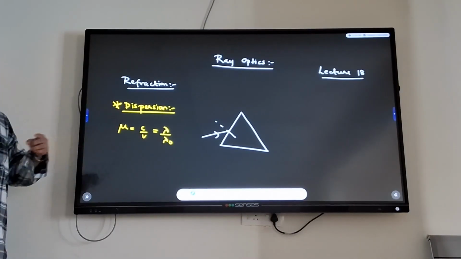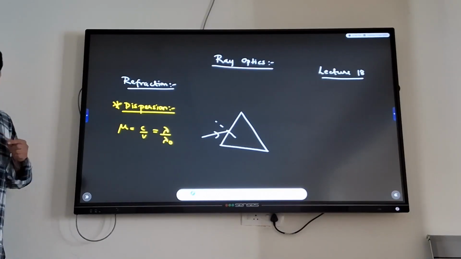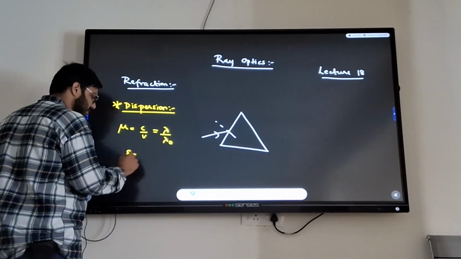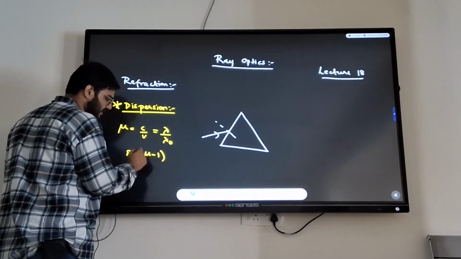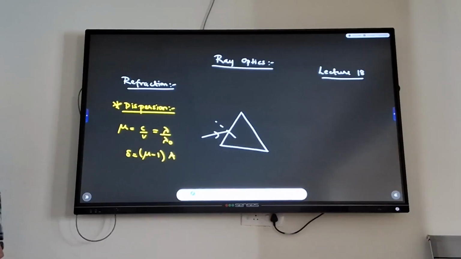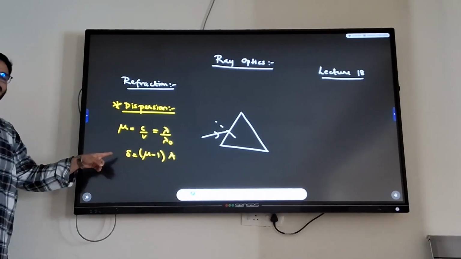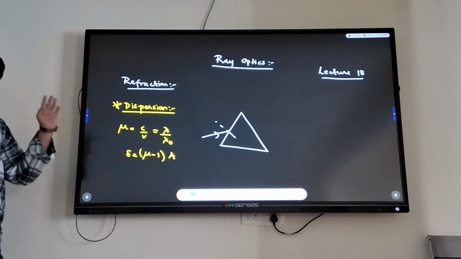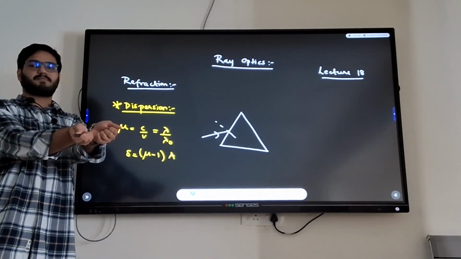And what was delta for small angles? It was mu minus 1 into A. I gave this formula last time. So if your lambda changes, your mu changes. If your mu changes, your delta changes. That means different colors will suffer different deviations. That's why you get this spectrum.